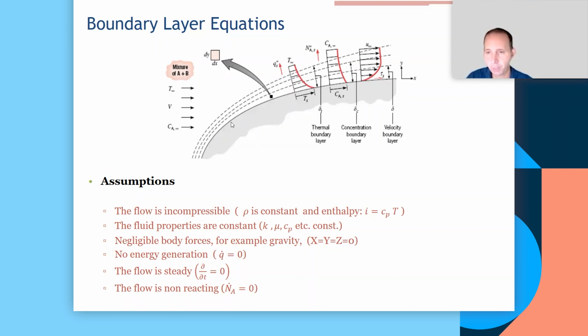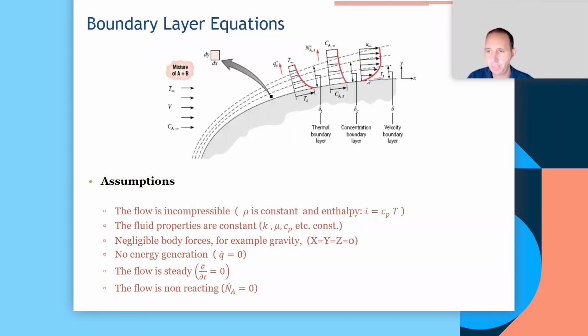What you have to remember now, for the boundary layer equations, you can assume that the flow is only in the x direction. So the flow in the x direction is represented in terms of the velocity vector. The velocity vector has two components, one in the x direction, one in the y direction. If the fluid flows only in the x direction, then it means that the v component of velocity is 0. And the velocity is all in the x direction, so it means the only component that matters is the component u.